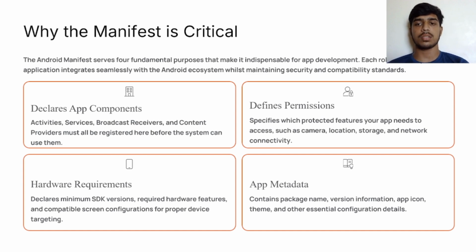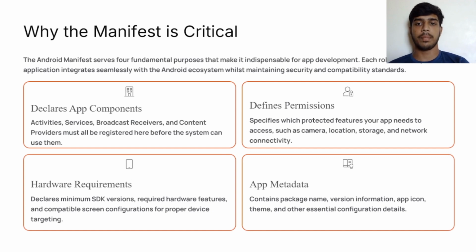Allowing only those permissions makes the app more secure. It helps Android know what your app needs and protects the user from unnecessary risks. If you forget to declare a component or permission, the app can't access it.